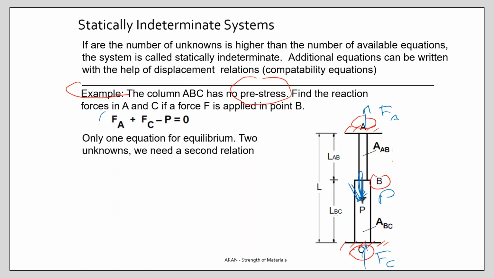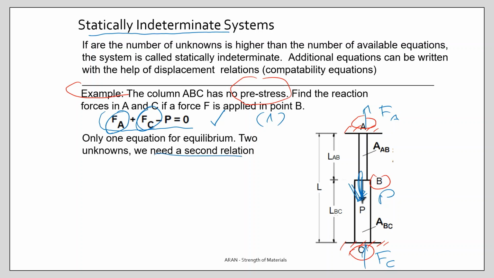So we can write the equilibrium Fa plus Fc minus P equal to 0. That's the only equilibrium relation I can write, but I have two unknowns, so the system is statically indeterminate. I need a second relation.